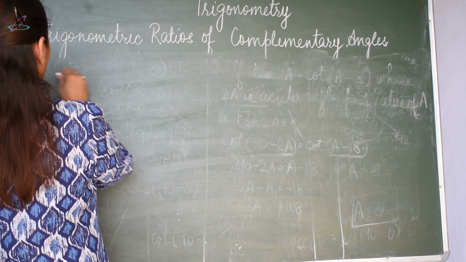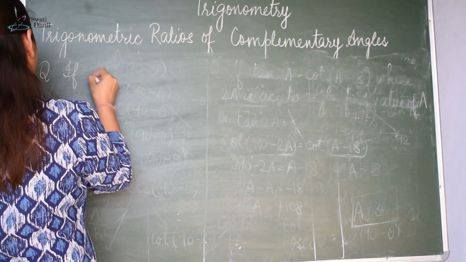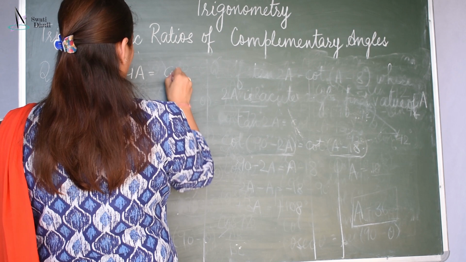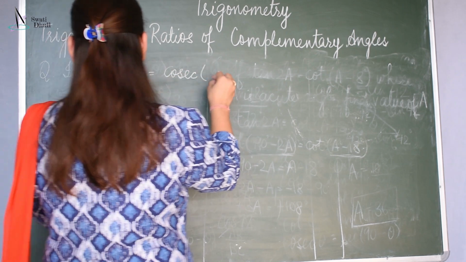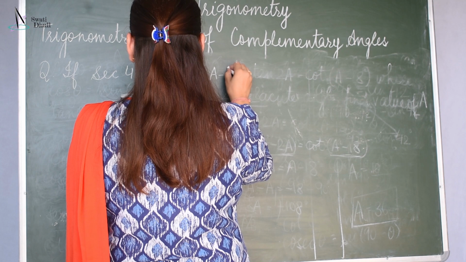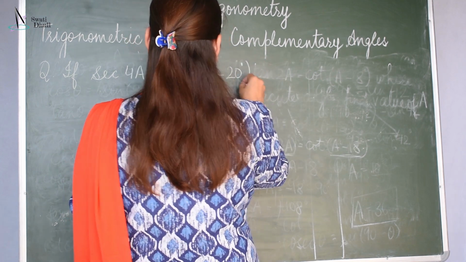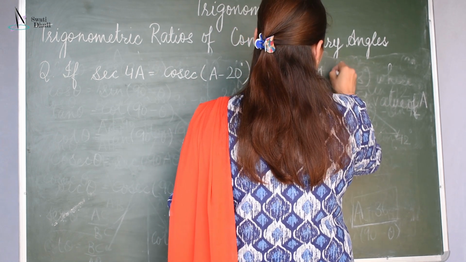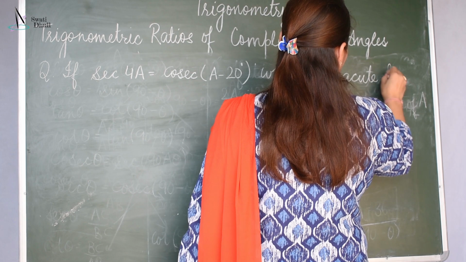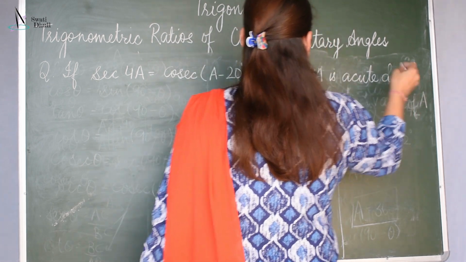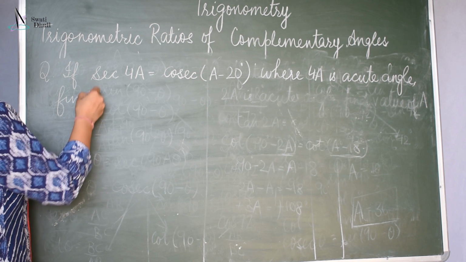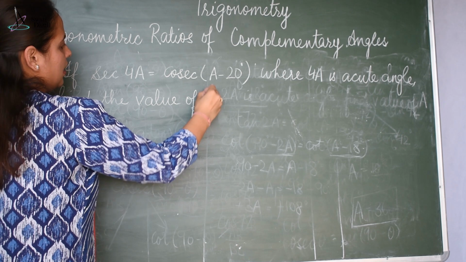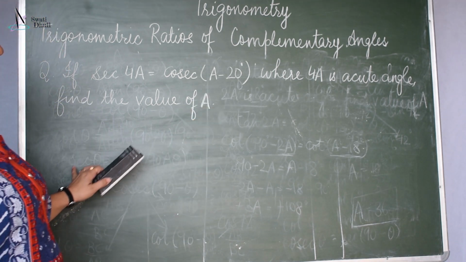Let's say if secant 4a is equal to cosecant a minus, let's say 20 degree, where 4a is an acute angle, find the value of a. This is the same kind of question which we have done earlier.